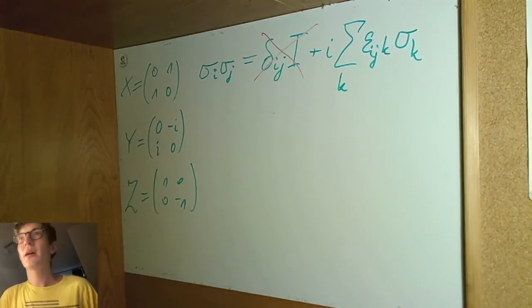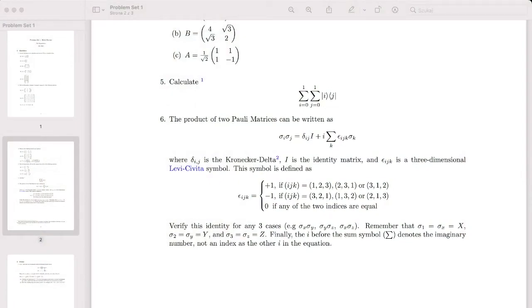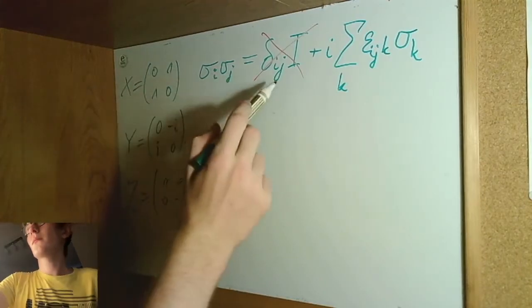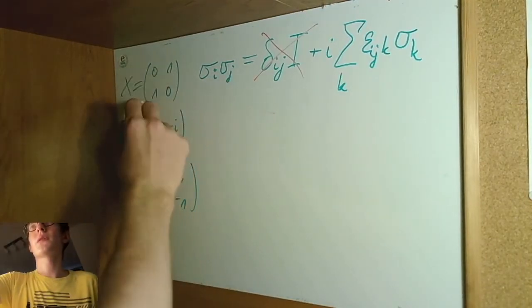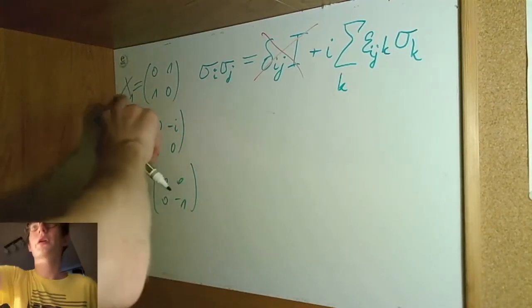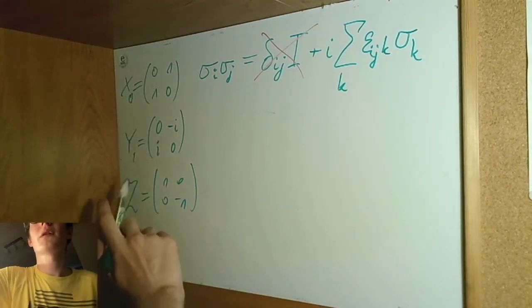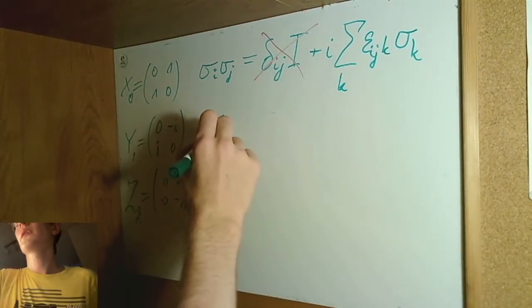And we can just compute these products. Also, these indices correspond to these matrices: this one is the 0th, this one is the first one, and this is the second one. Okay, now let's take the first one.